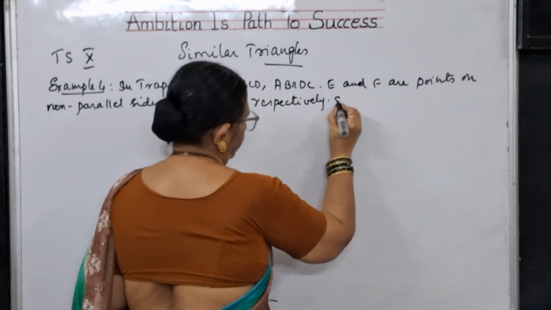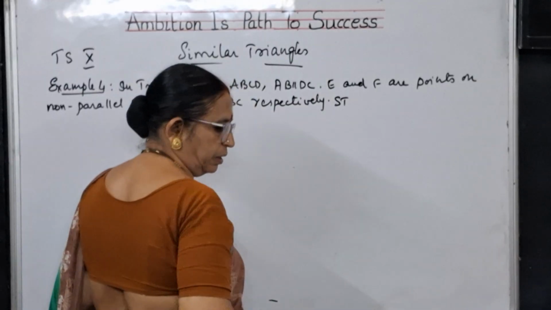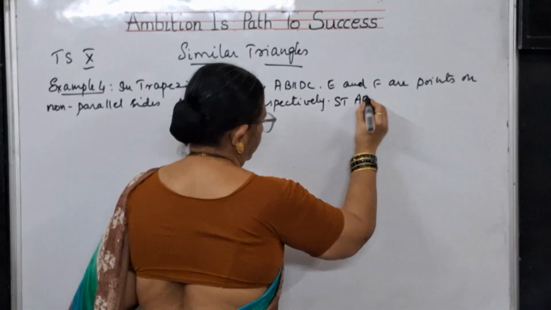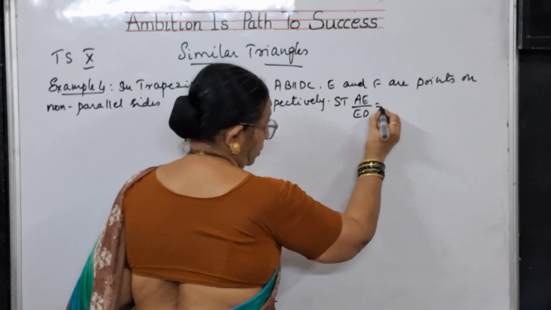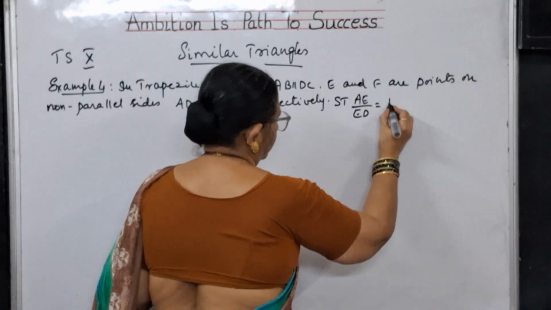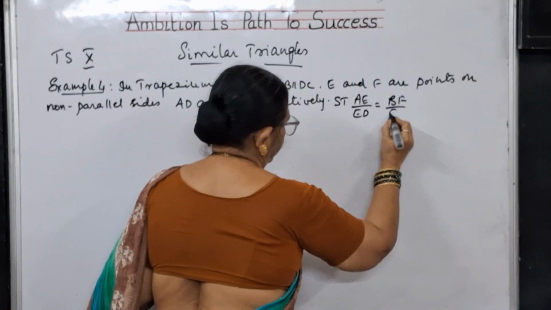So show that AE by ED is equal to BF by FC.